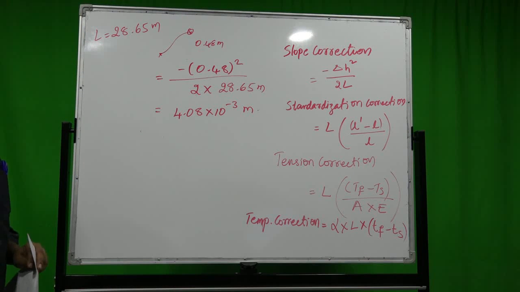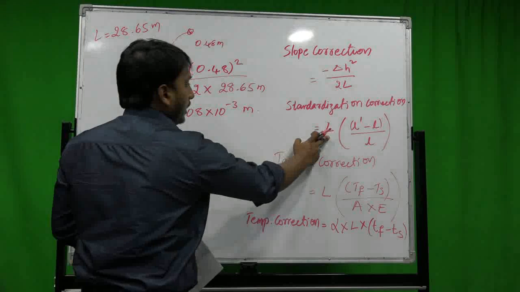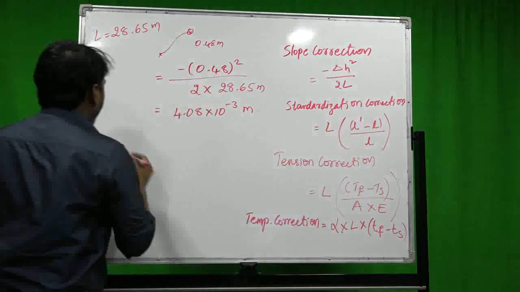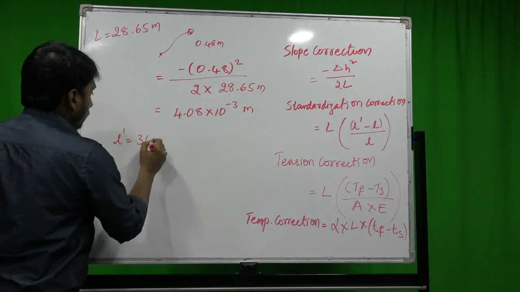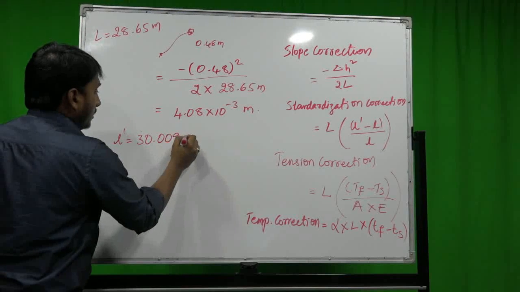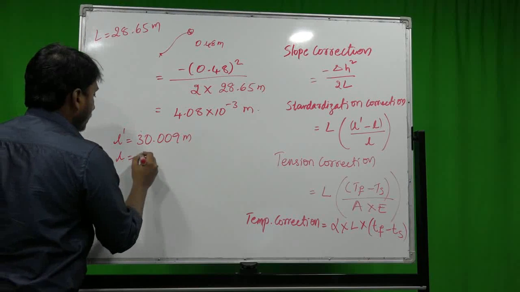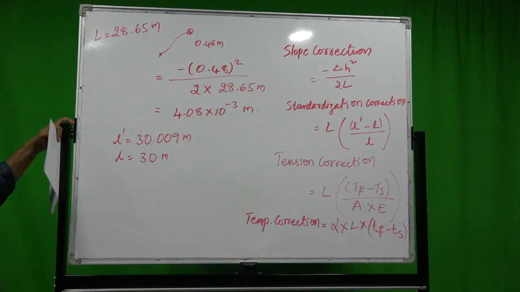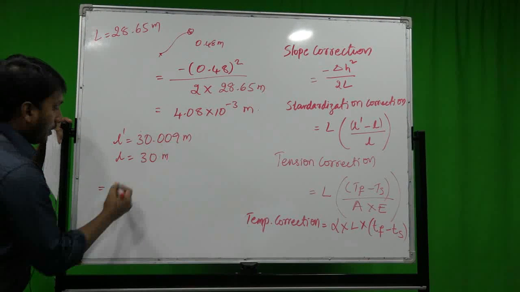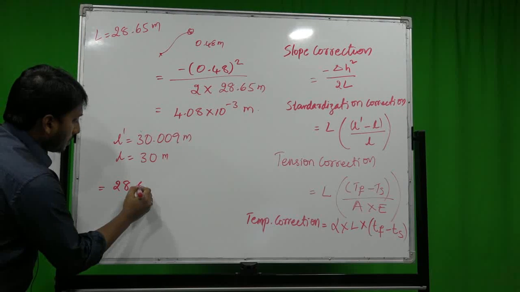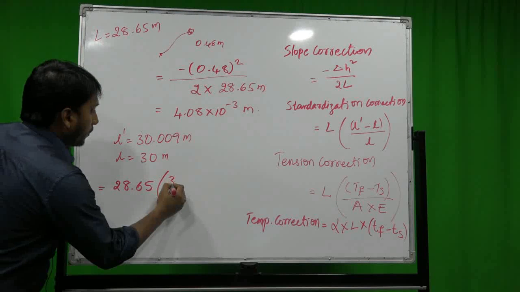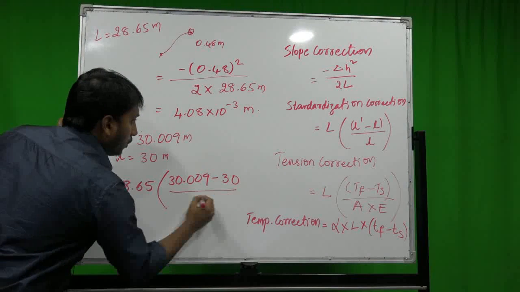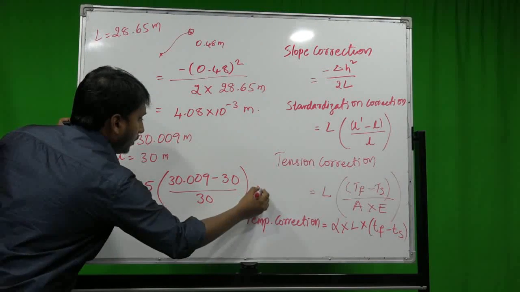Now coming to standardization correction, the formula is L/L' minus L/l, where L' is the standardization length and small l is the original length, 30 meter. So if you calculate this, where capital L is 28.65, it is 28.65 over 30.009 minus 30 over 30, in meters.